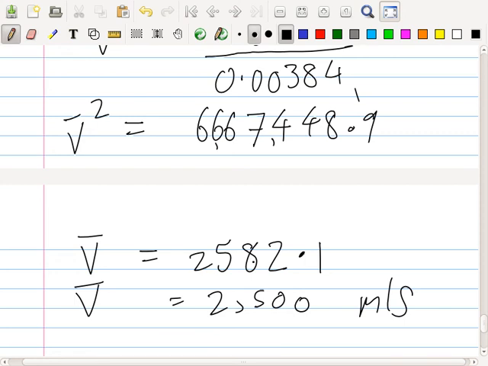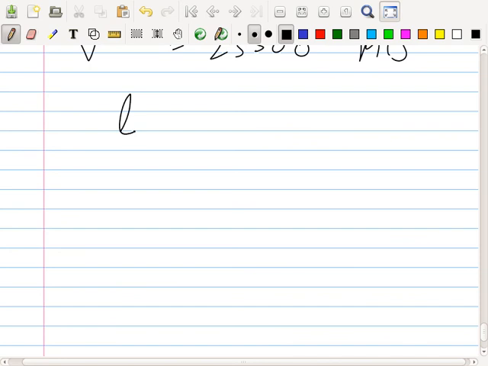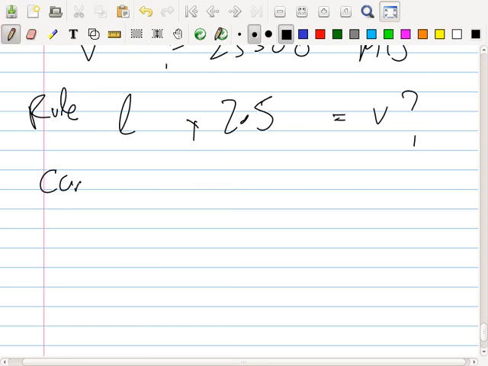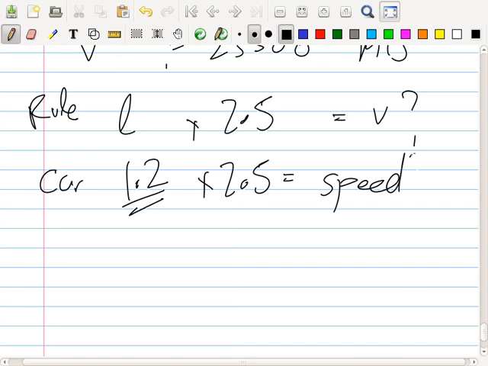Wait, are you telling me you take the L and multiply by 2.5 and that equals the V? Is that what you're telling me? Is this a rule? Because we just proved it ourselves. So if my car is 1.2 and I multiply that by 2.5, that gives me the speed, does it?